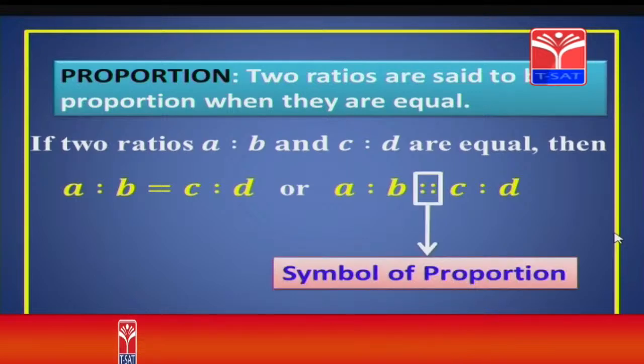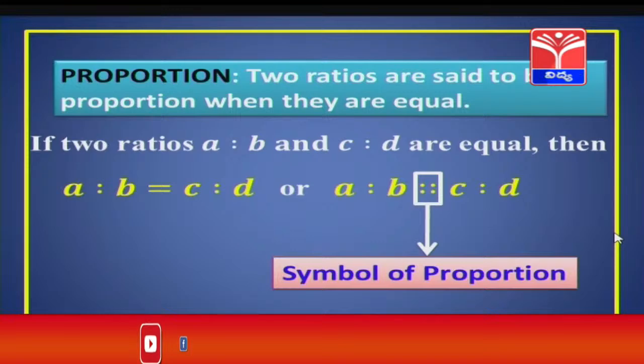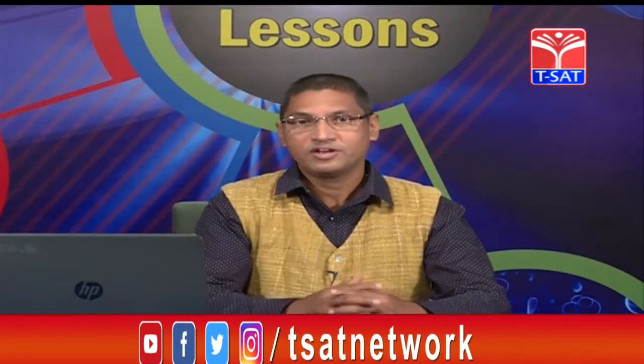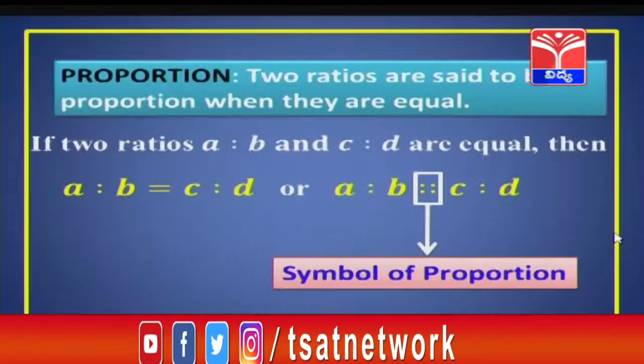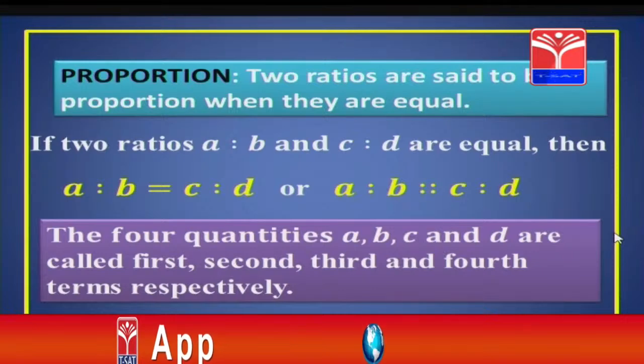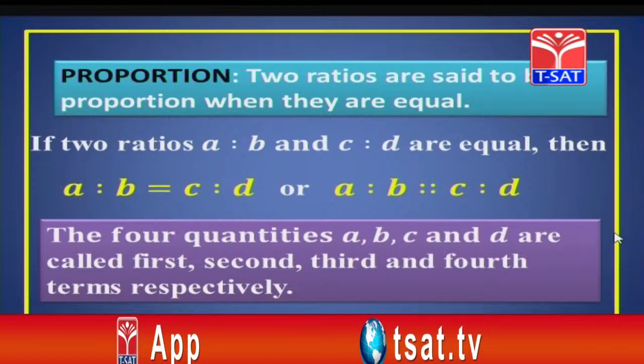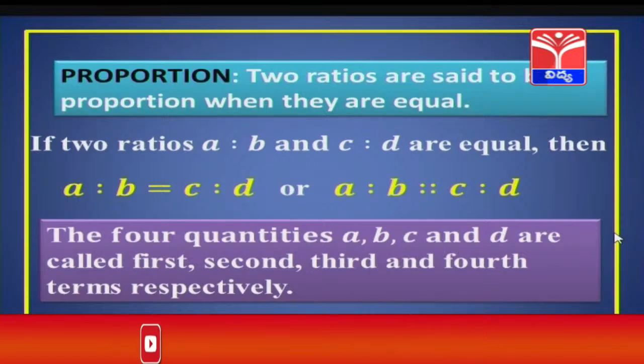And how do you read these, children? Yes, A is to B is as C is to D, or A is to B proportional to C is to D. Children, I think you might have understood the concept very well, right, about proportion. So, the four quantities A, B, C and D are called first, second, third and fourth terms respectively.